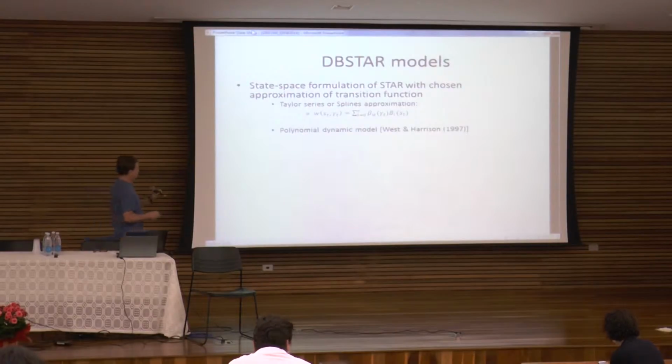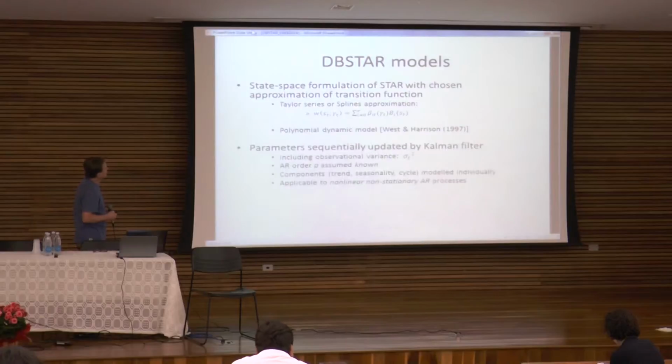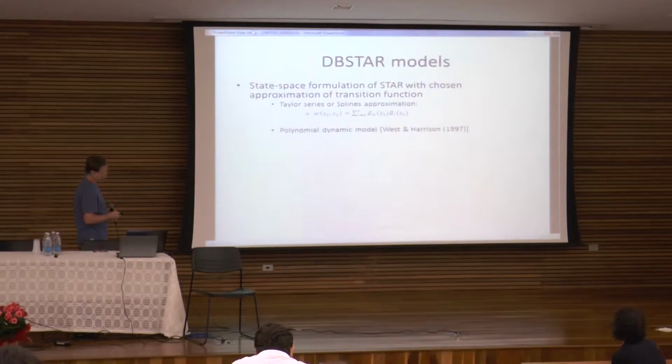The DB-STAR models, dynamic Bayesian STAR models, are a state space formulation of the STAR where we approximate the transition function by a polynomial function. In this work, we use the Taylor series expansion of the logistic transition function, and also a spline approximation of it.